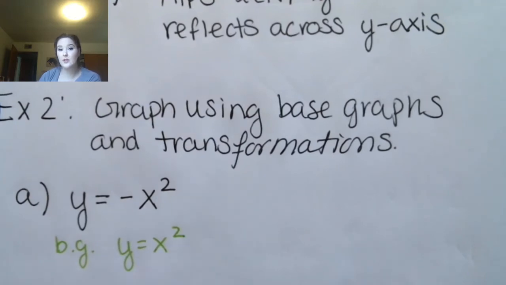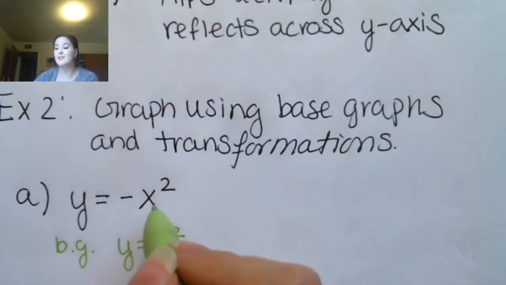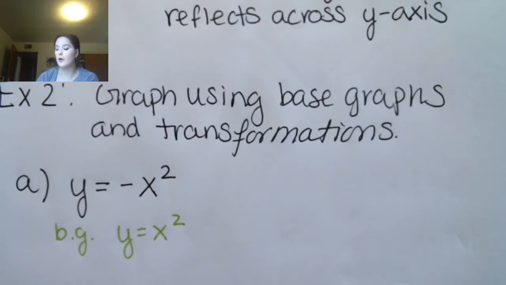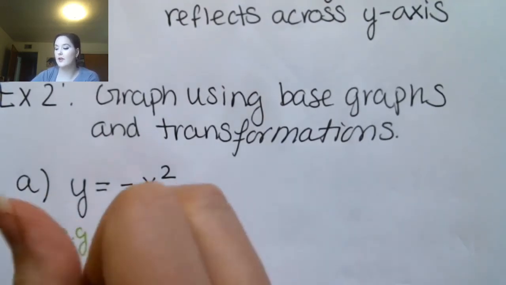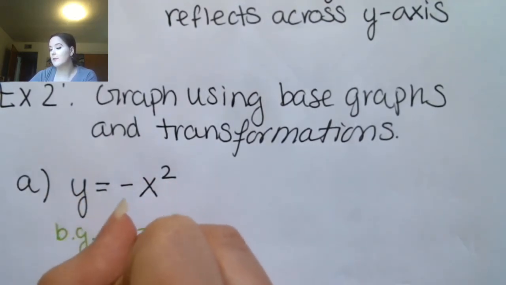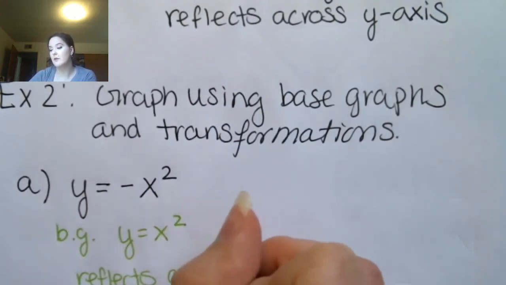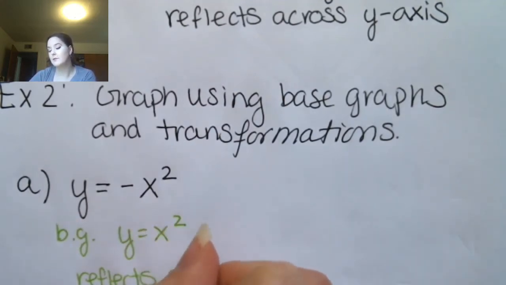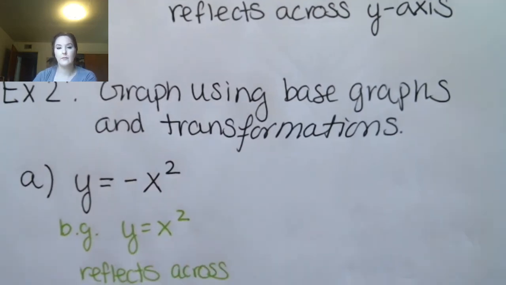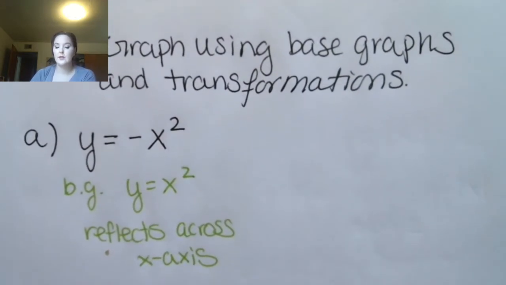The base function is the squaring function, so this is out front of the squaring part. So this is going to reflect up and down, which is across the x-axis. Okay, so let's look at a graph.